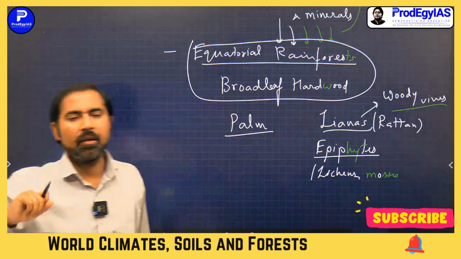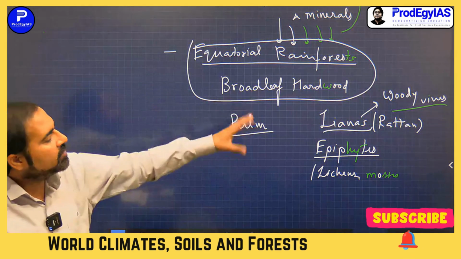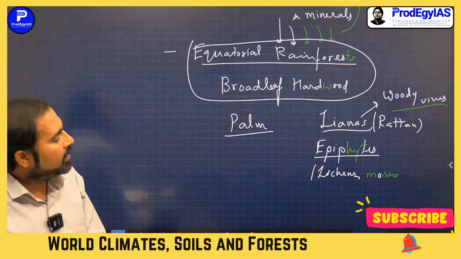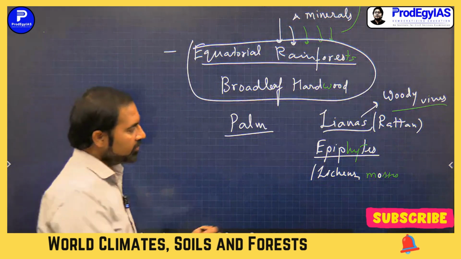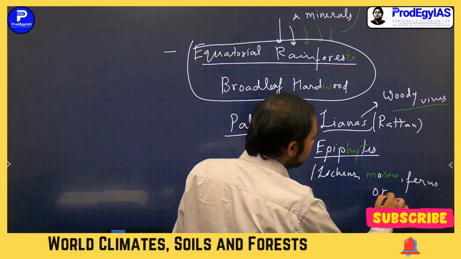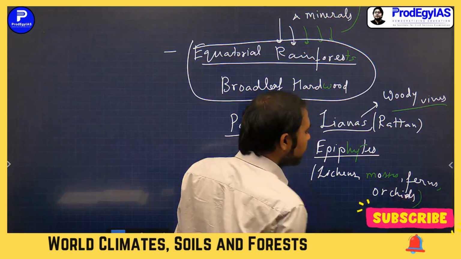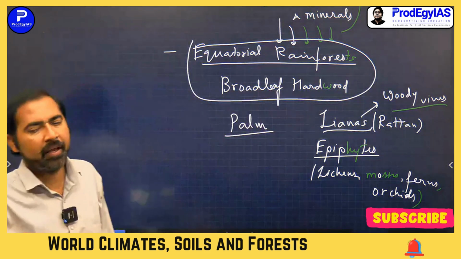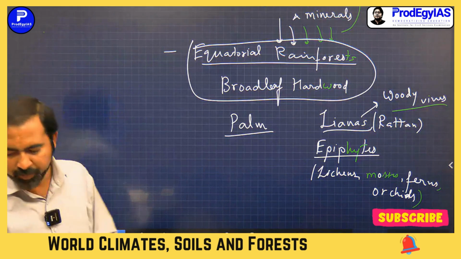Woody vines are technically known as lianas or rattan. So in these forests, in the trees, lianas and epiphytes grow there. Different types of ferns, orchids, they are varieties of epiphytes. Okay, they can be asked in your exam. Lichens, mosses, ferns, orchids, they are epiphytes, right?